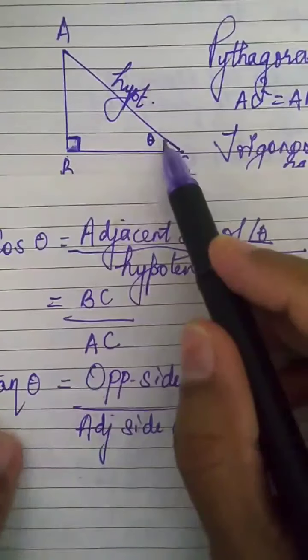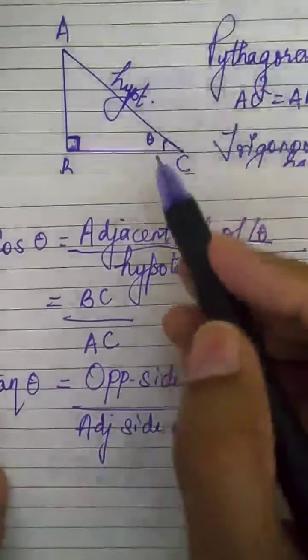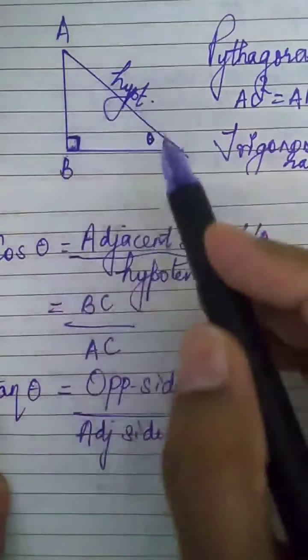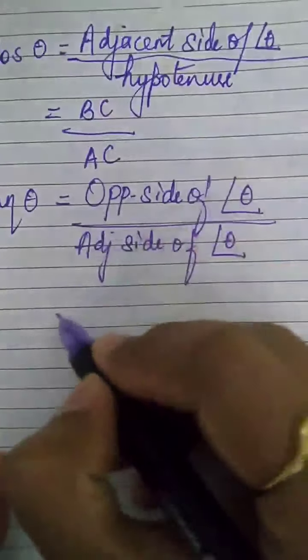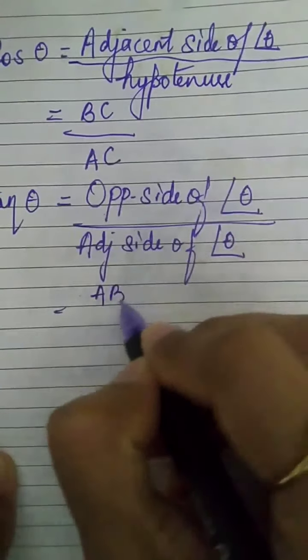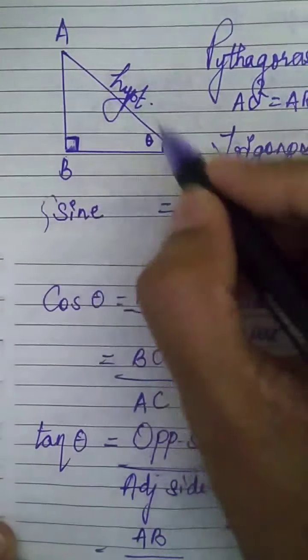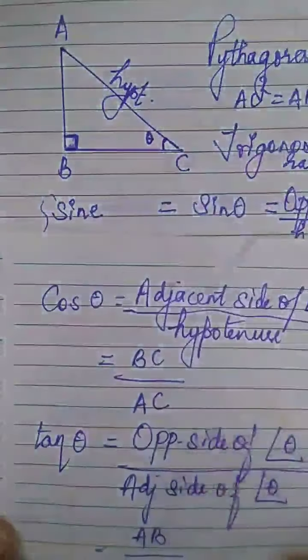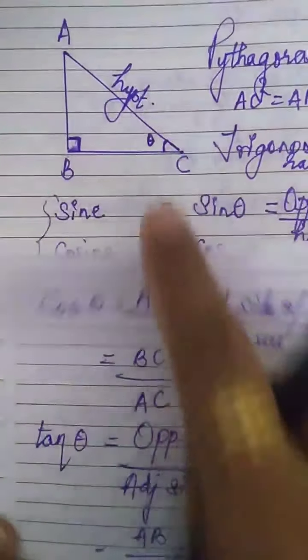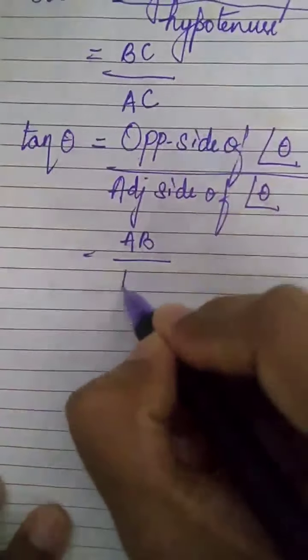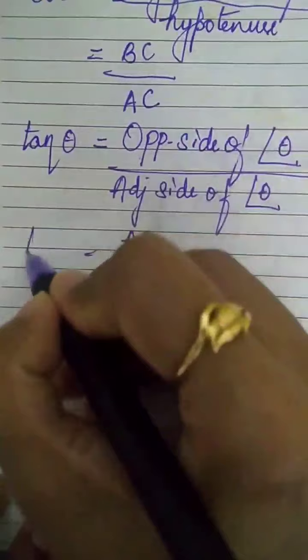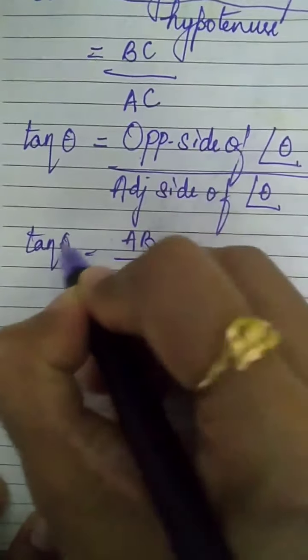If you see this theta, the opposite side of angle theta is AB, as we discussed. So this will be AB upon the adjacent side of theta. The adjacent side is BC. Hypotenuse you will not take as the adjacent side. So this is AB upon BC is tan theta.